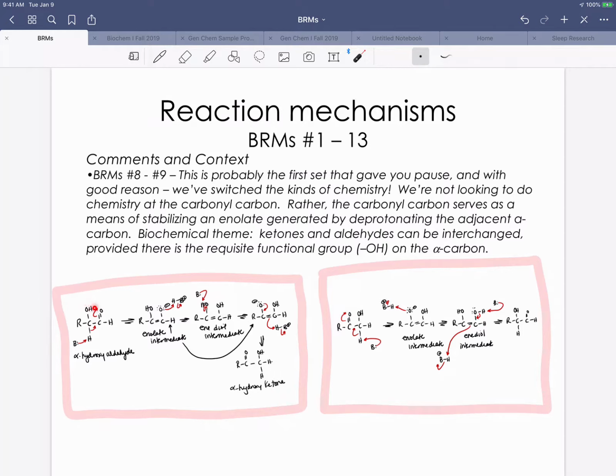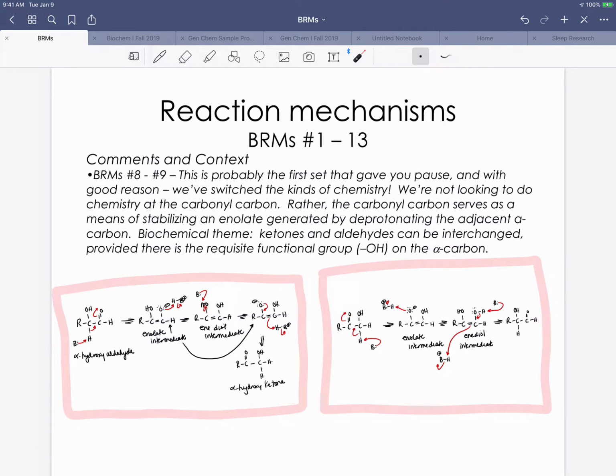But one of the things that's going to be different is it is not containing this OH group on the alpha carbon. But the alpha carbon's hydrogen atom is acidic because the resultant carbanion that we generate can be resonance stabilized by putting that negative charge on the oxygen. And so this enolate intermediate allows for sufficient stability of that deprotonated species.